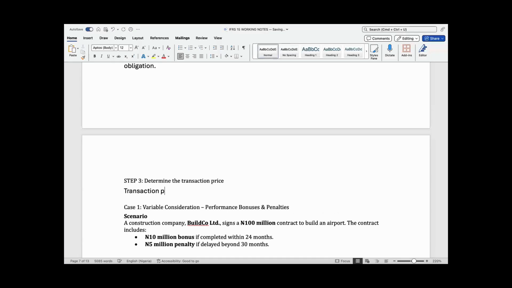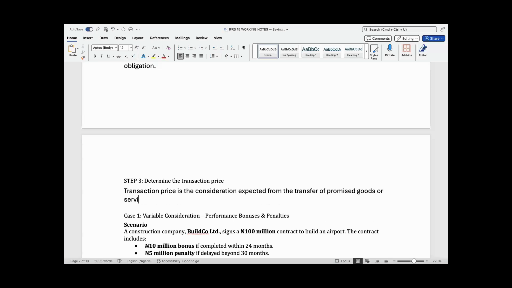And transaction price is the consideration expected from the transfer of promised goods or services. So transaction price is the consideration you're expecting, the money you're expecting for the transfer of goods or services.